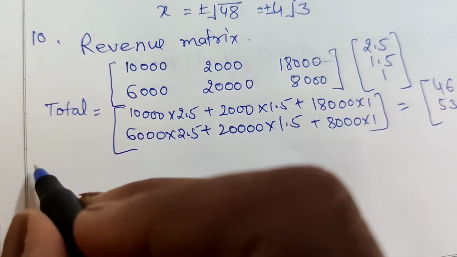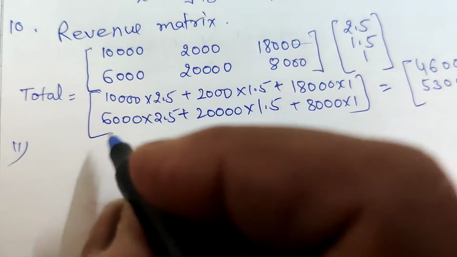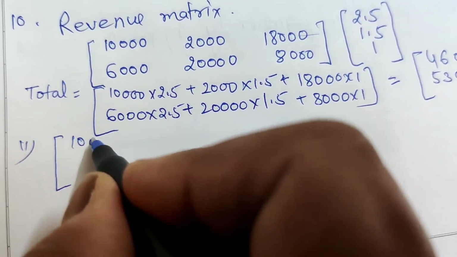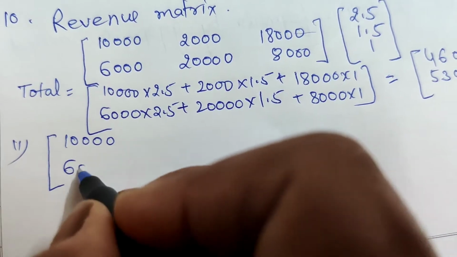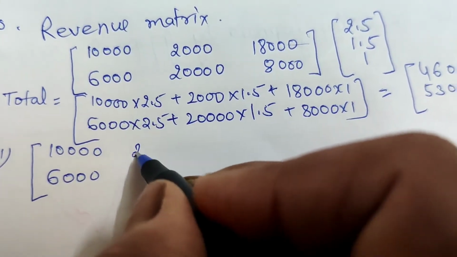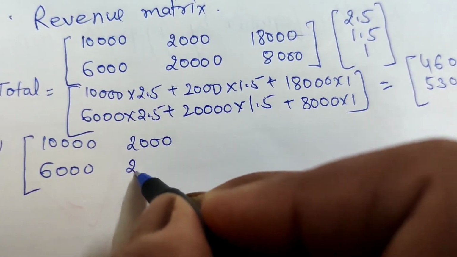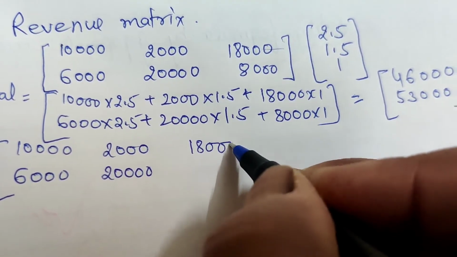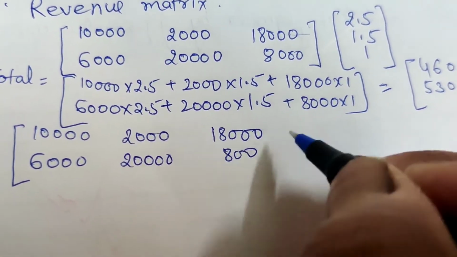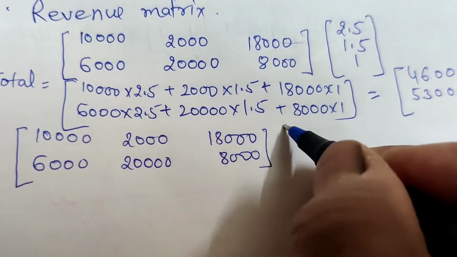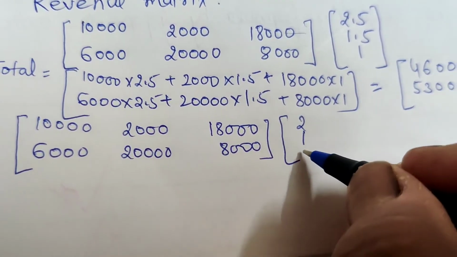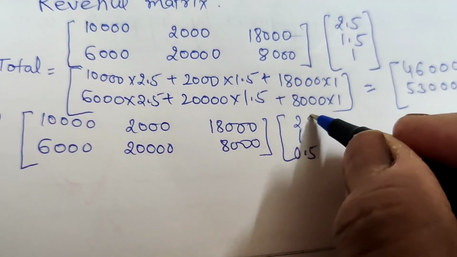Now the cost changed for the second part. For the collected revenue, first we make the revenue matrix. 2,000, 20,000, 18,000. These are the number of articles and the cost. This one is 2, 1, 50 paisa means 0.5.